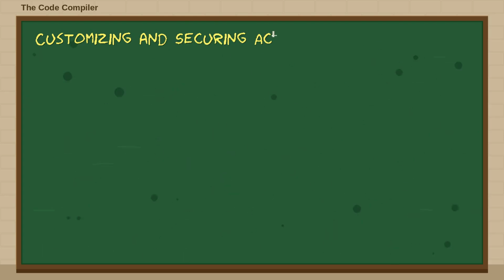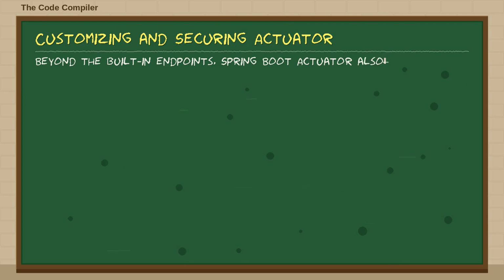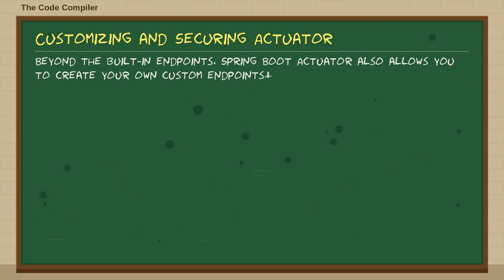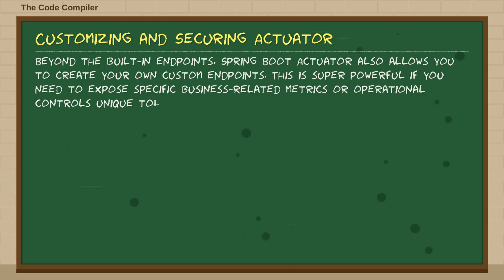Beyond the built-in endpoints, Spring Boot Actuator also allows you to create your own custom endpoints. This is super powerful if you need to expose specific business-related metrics or operational controls unique to your application.